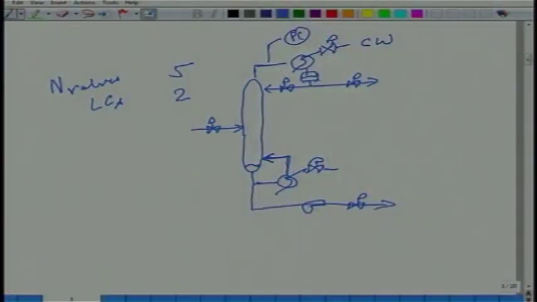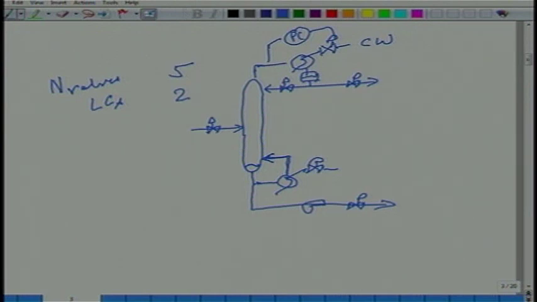Yeah. What is the most obvious way of controlling the pressure? I will put a pressure control. If the pressure is increasing, condense more, then the vapor will be condensed and the pressure will drop down. Alternatively, the pressure is decreasing, condense less and the pressure will be where it is.